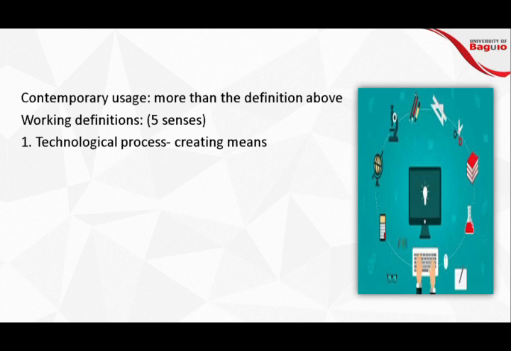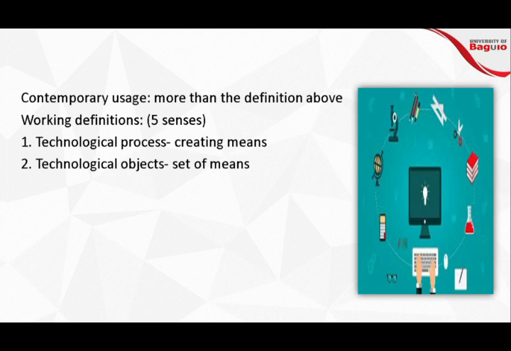Okay, to understand better, let us connect to the next one, which is what we call technological objects. Technological objects is the set of means. So we create the means, and now we come up with what we call the set of means. So there are tools, devices, systems, methods, and procedures that have already been created when we talk about technological objects.